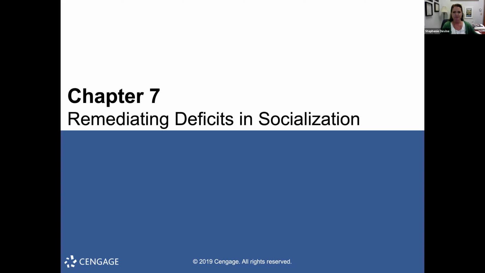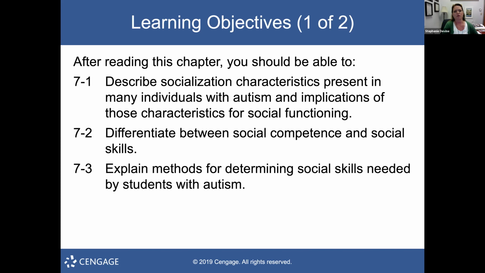Today, our learning objectives for this chapter include that you as a learner would be able to describe socialization characteristics that are present in many individuals with autism and the implications of those characteristics for social functioning. Also, to differentiate between social competence and social skills. Those are two different things.